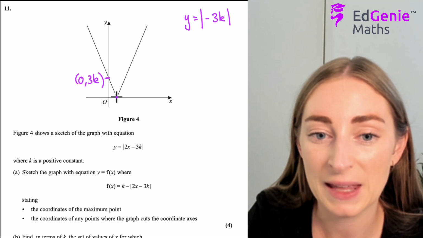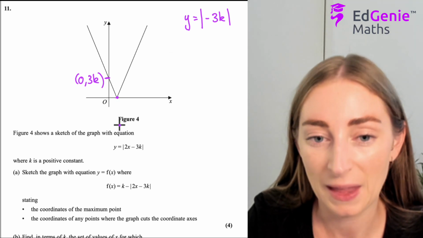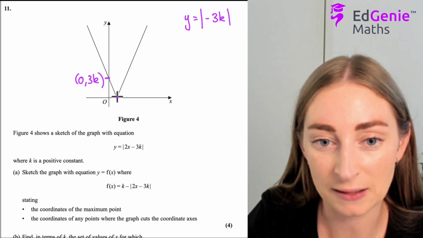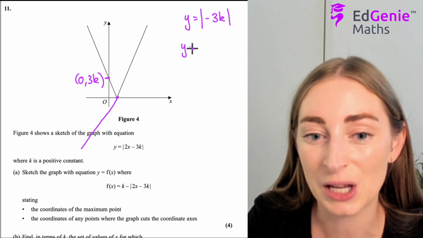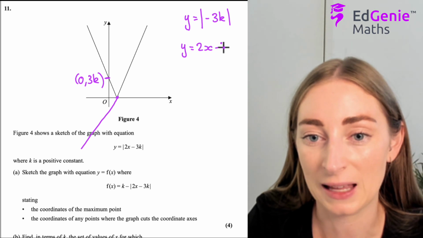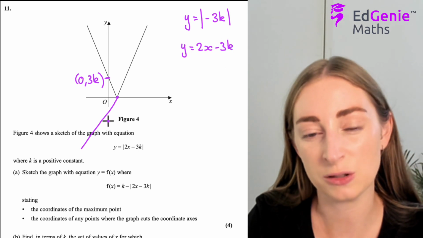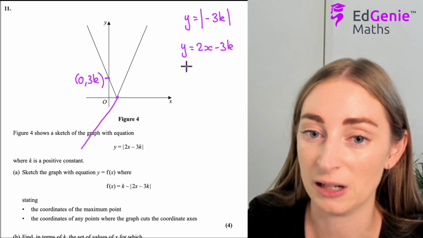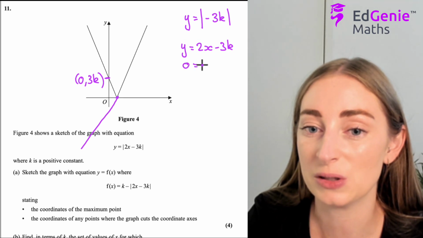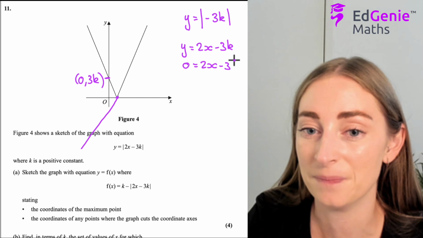This coordinate here. So if we just had this line, forget about the modulus, and we had y equals 2x minus 3k, where would that cross the x-axis? So it would cross when y equals 0. So it'd be 0 equals 2x minus 3k.